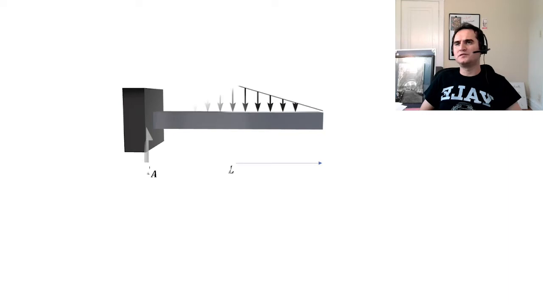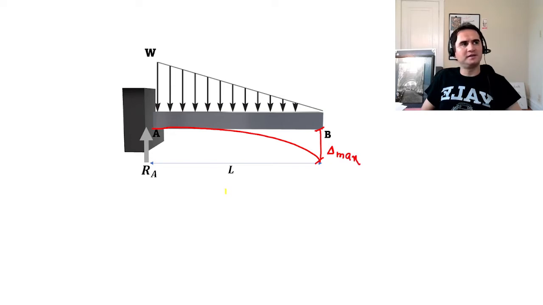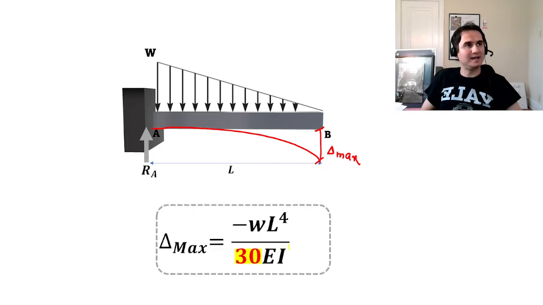Yes, this is the same example. So if you have this cantilever beam handling this load, it gives you a delta maximum of 1 over 30 WL to the power of 4, which we just calculated.